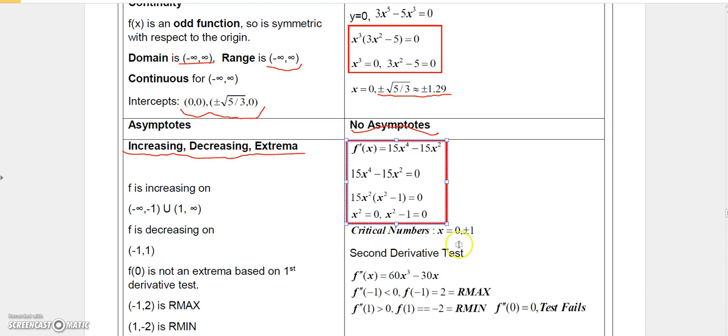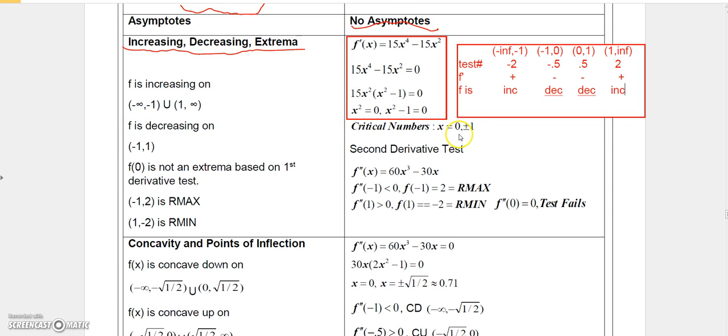If you solve x squared equals 0, you get x equals 0. And if you solve x squared minus 1 equals 0, you get x equals plus or minus 1. So those are our three critical numbers. Now, what I did here is set up the table so we can determine when the derivative is positive and when it's negative.